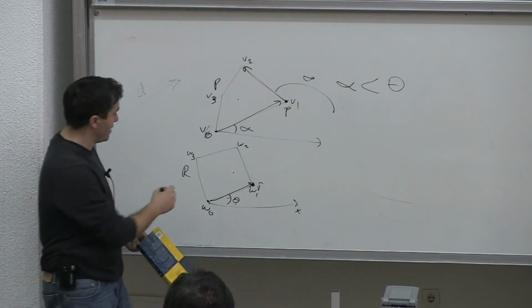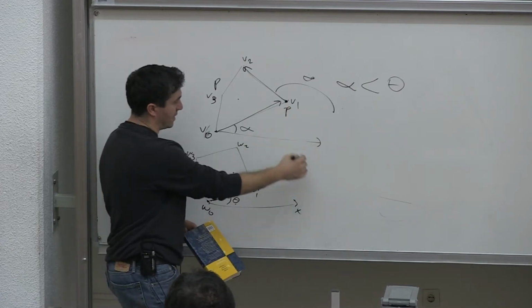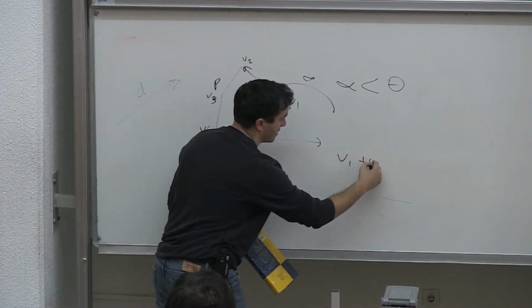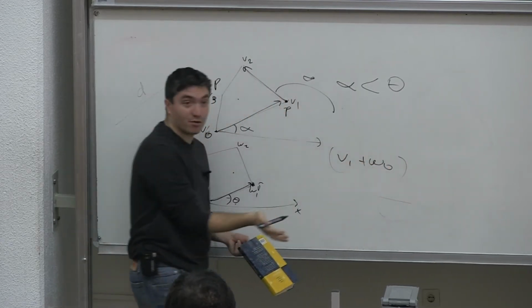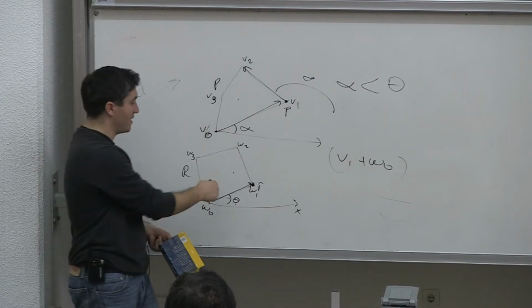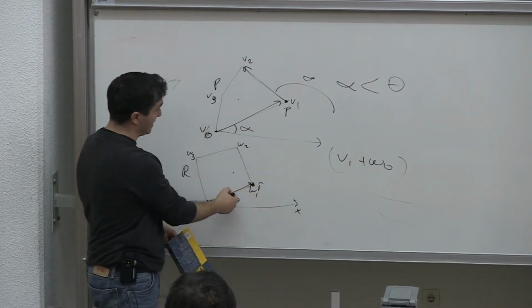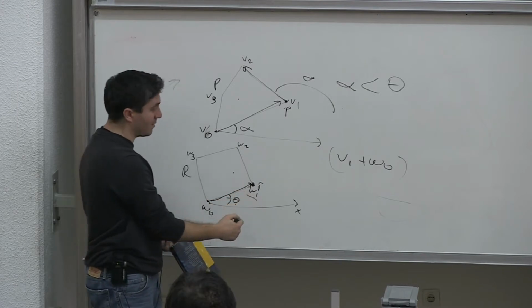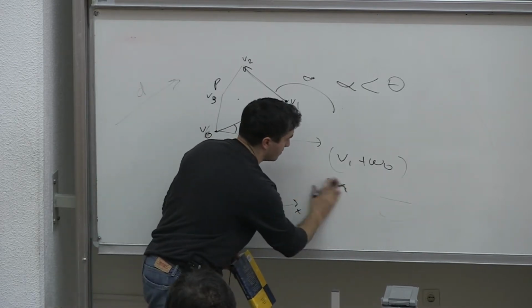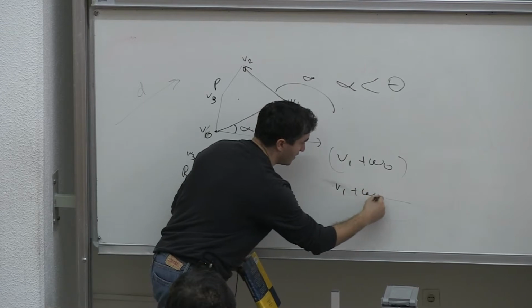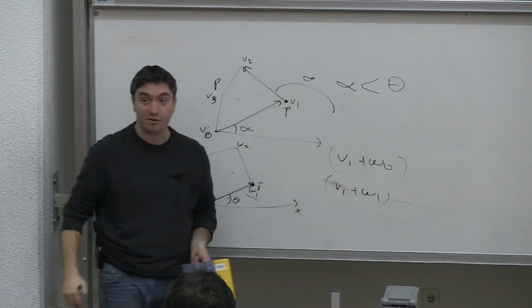When we go to the next vertex, V1 plus W0 is a vertex of the Minkowski sum. If we increment the other one, for example W1, then V1 plus W1 is also a member of this Minkowski sum.